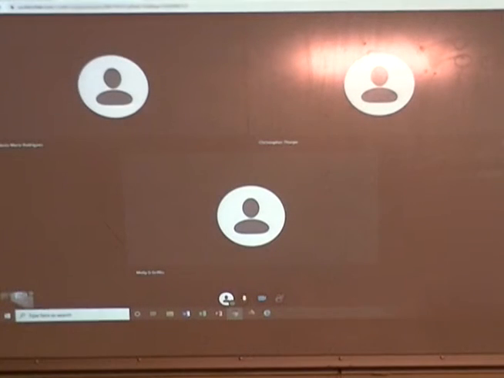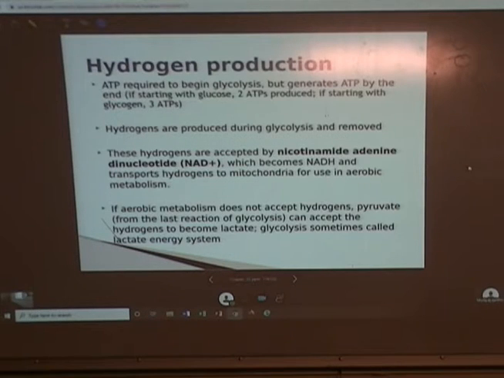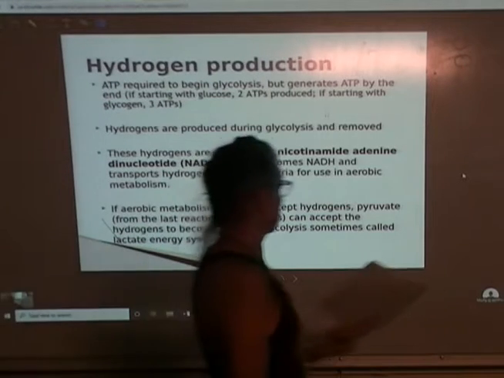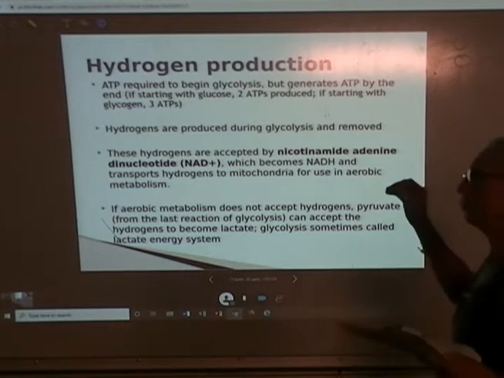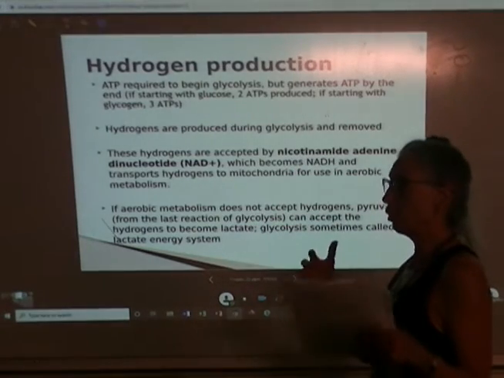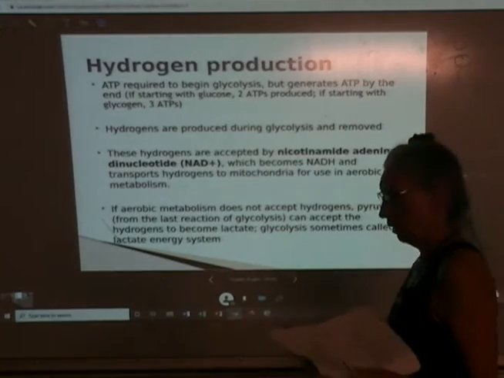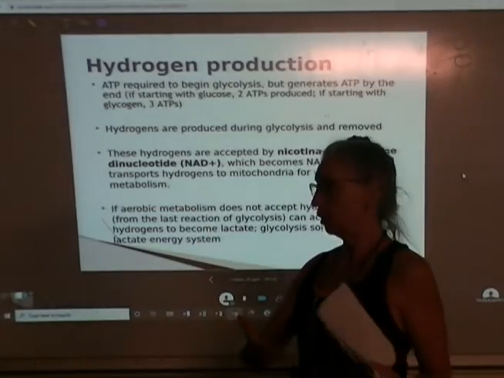Okay, back to our spreadsheet then. All right, so we've got a couple of options to try to reduce the level of hydrogen within the cell for as long as possible. Eventually, the hydrogen is going to build up and we have to slow down, right?